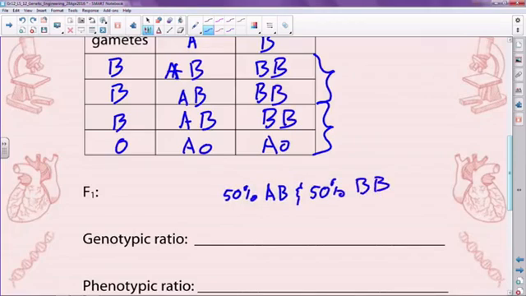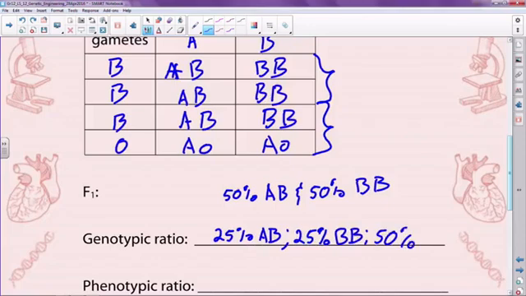Okay, and on the second one, if you have a look at it, you have 25% AB, you have 25% BB, and you have 50% AO. How did I work that out? 25, 25, and together they make 50. Can you see that? Nice and simple, hey?